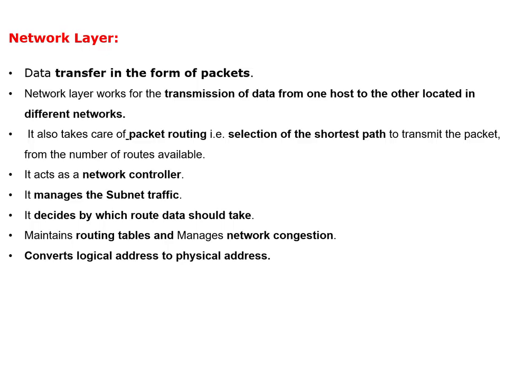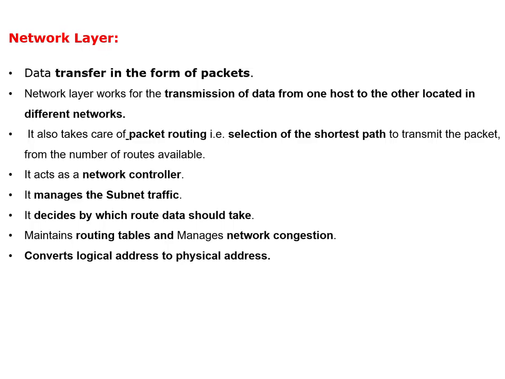The network layer handles transmission of data from one host to another host located in different networks. In different network communications, we send the information from one host to another host through packets only. It also takes packet routing decisions. Packet routing decisions means we need to select the shortest path out of multiple different paths.